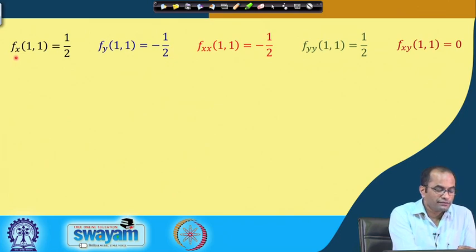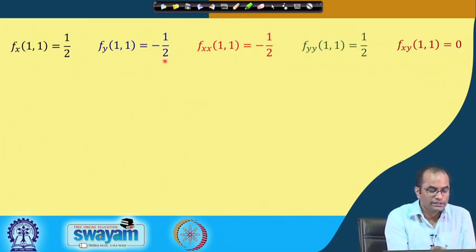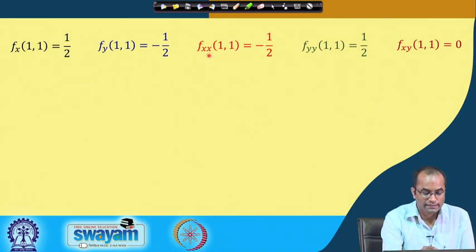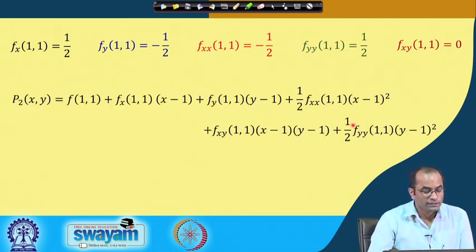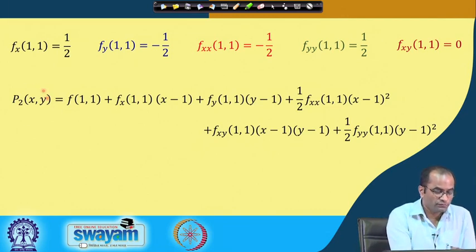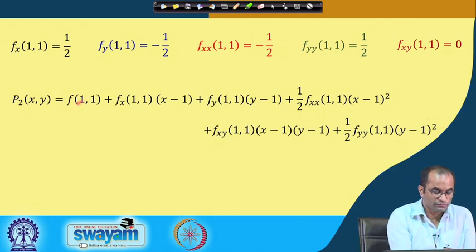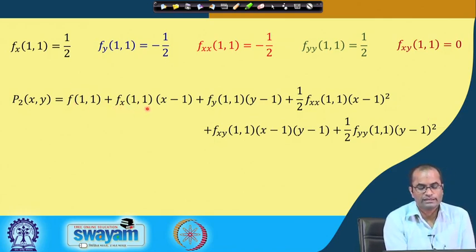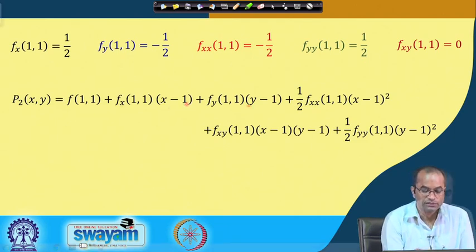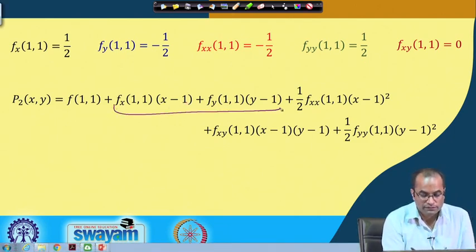So, here we have f_x evaluated at (1, 1), which is 1 by 2, f_y at (1, 1) is minus 1 by 2, f_xx the second order term is minus 1 by 2, and so on. The second order polynomial, as I said, we will just go up to the second order term. So we have f(1, 1), the partial derivative with respect to x at (1, 1) times (x minus 1), and these are the first order terms.